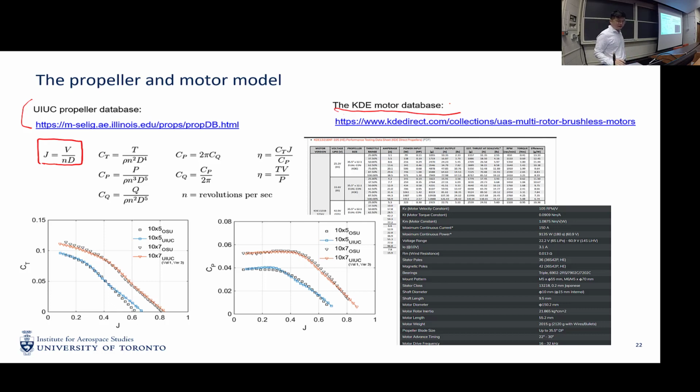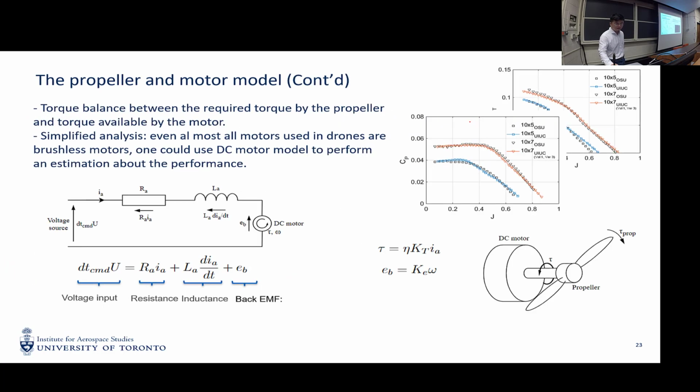So if we have a propeller chart from the UIUC database and the motor characteristics from the KDE database, then we can do the modeling of each individual rotor.